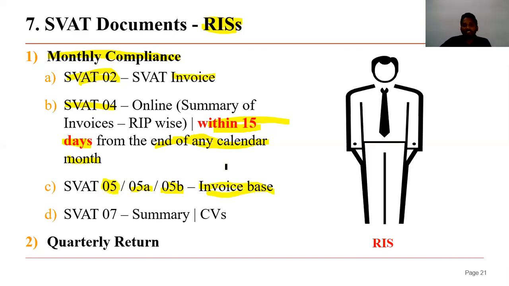Practically, there is no real requirement to submit these schedules because SVAT 2 and SVAT 4 will come up with all these things. This is a kind of duplication. Anyway, as per the law, we are still required to submit schedules 5 and 7, but we have already made a request to IRD to remove these. Until such time, we need to submit this schedule to IRD.